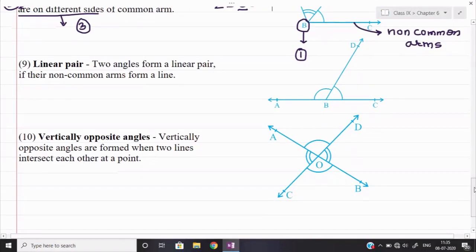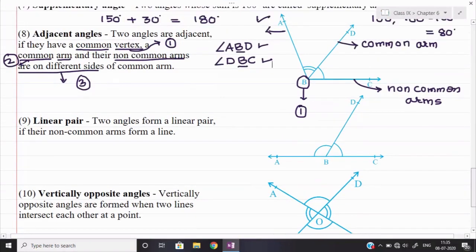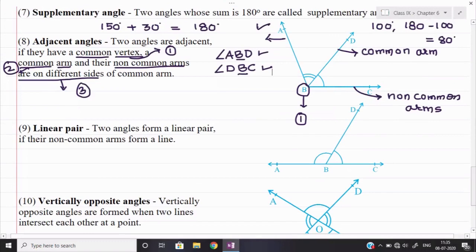Linear pair means those two angles are called a linear pair if their non-common arms form a line. For example, these two angles will be adjacent angles only, but suppose line AB comes and flattens over here like this. The point A comes at this place.